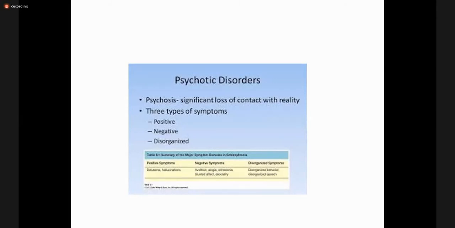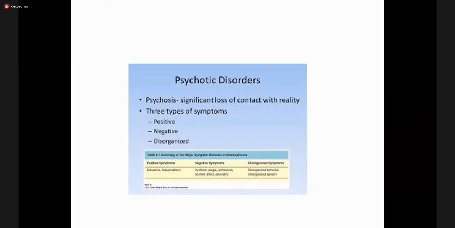Disorganized symptoms basically is something to understand that a person can have behavior which is unusual, and they can have speech which is very unusual. You might not be able to understand what they're saying. It may be very jumbled. And they may jump from one topic to the other.